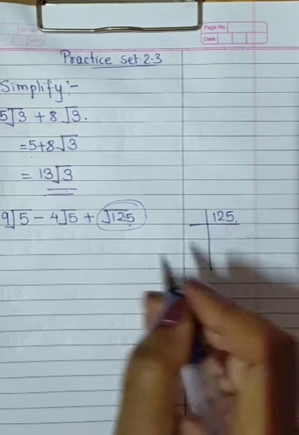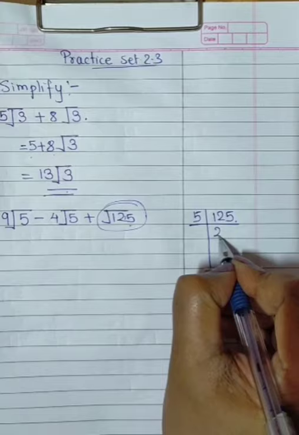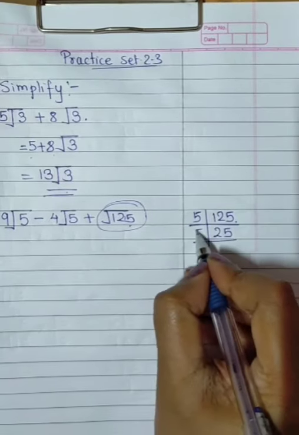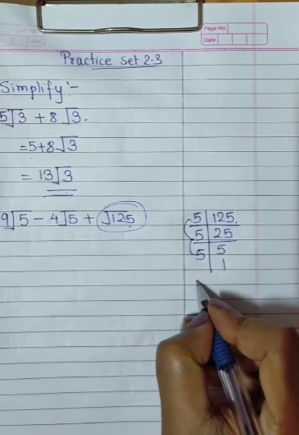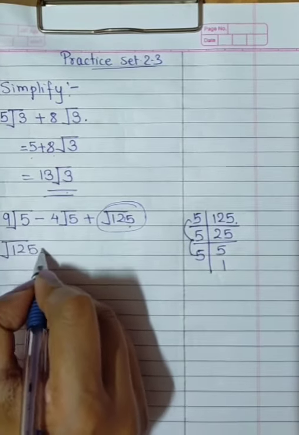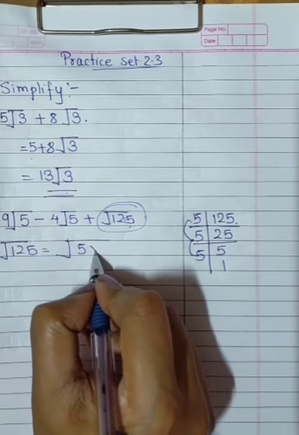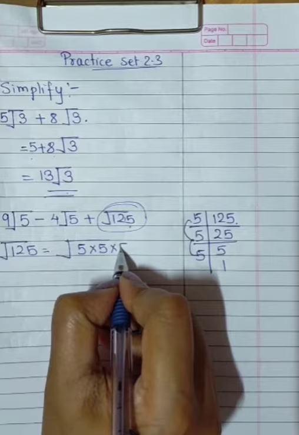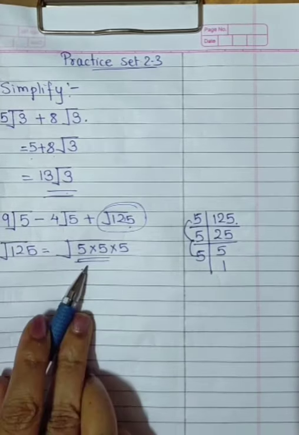So first we are going to simplify this, but for that we have to find the factors of 125. 5 1s are 5, 5 5s are 25, 5 25s are 125, and 1. We got square root of 125 is square root of 5 cube, means 3 times 5 we got. Here we got a pair of 5.